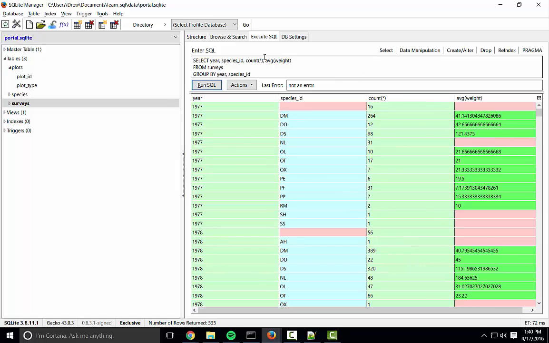Kind of messy. Let's round that off to the nearest gram. Well, let's do the nearest tenth. Why not? There you have it. And I'm going to put in an alias as well, just because I can.